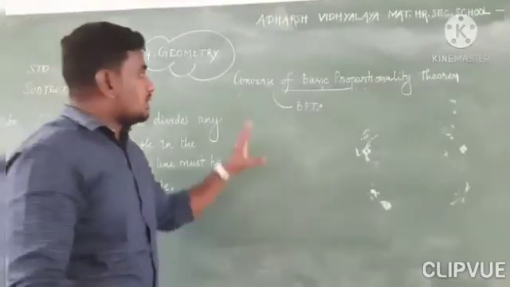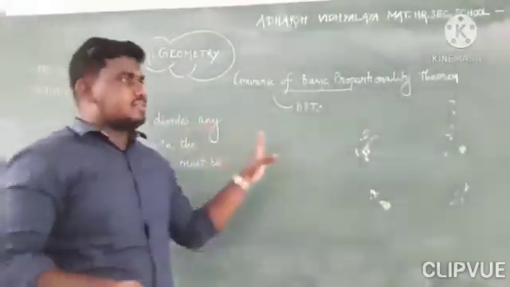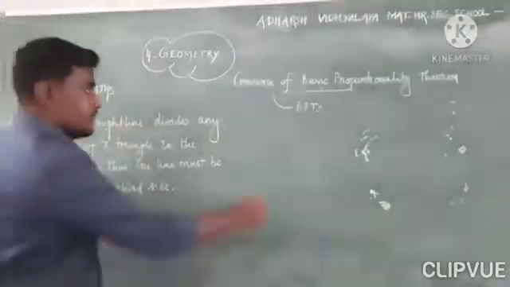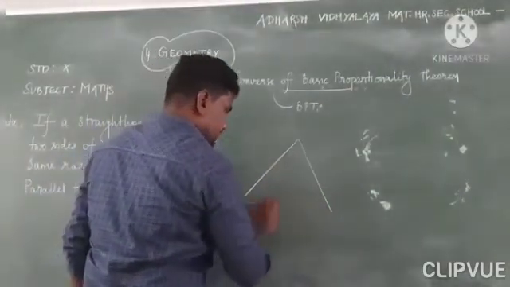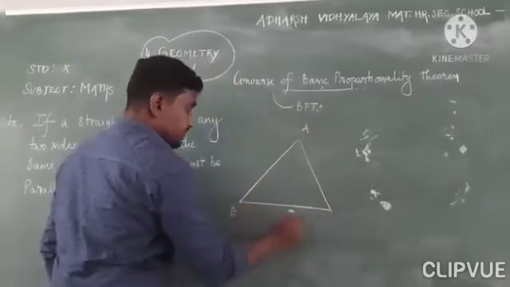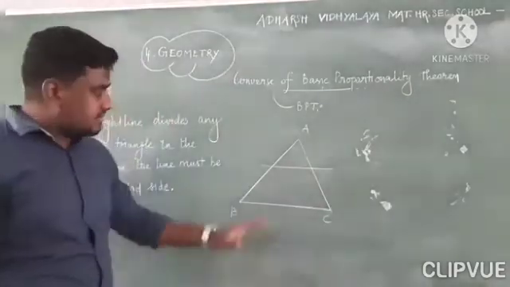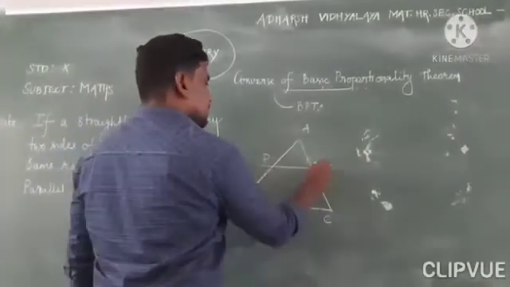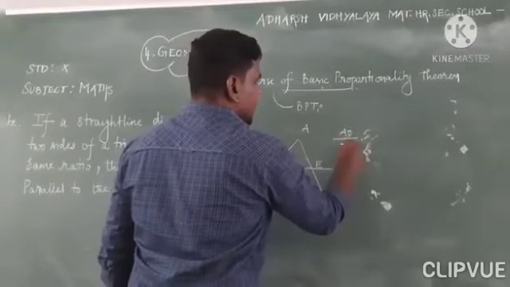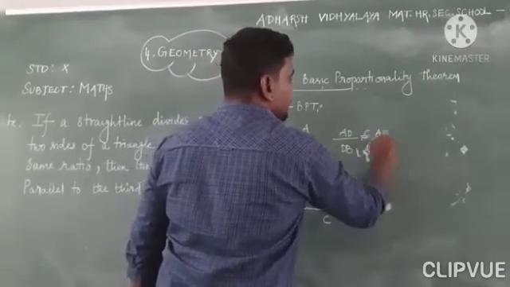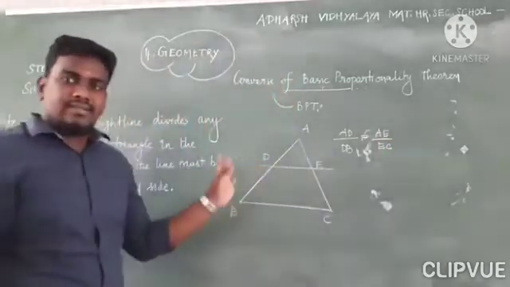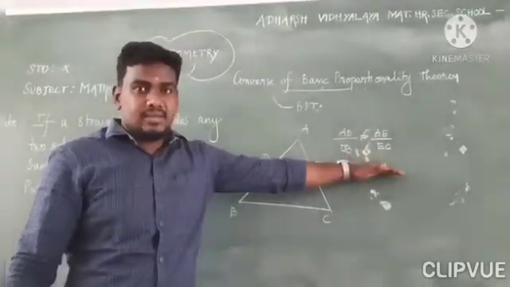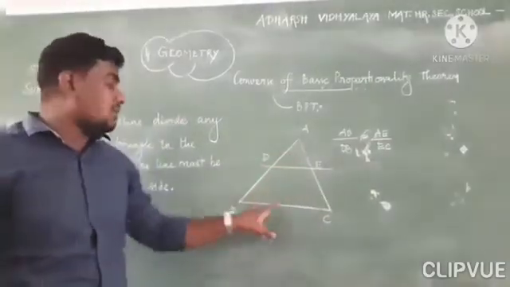The converse says: if a straight line in a triangle ABC divides any two sides AB and AC respectively in the same ratio, so AD by DB equal to AE by EC, therefore this straight line must be parallel to BC.